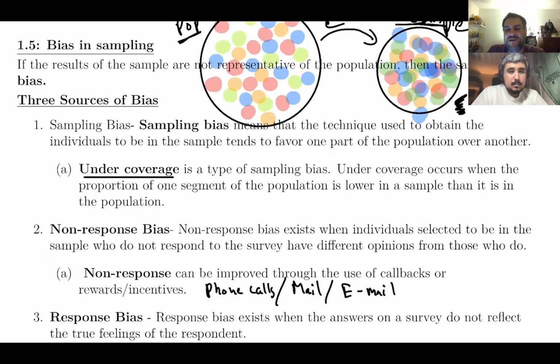Or they'll send you something in the mail and you just throw away that mail, or they'll send you an email and you delete that email. That would be considered non-response because they wanted your opinion, but you never responded back to them. So that's non-response. Any questions regarding non-response bias?